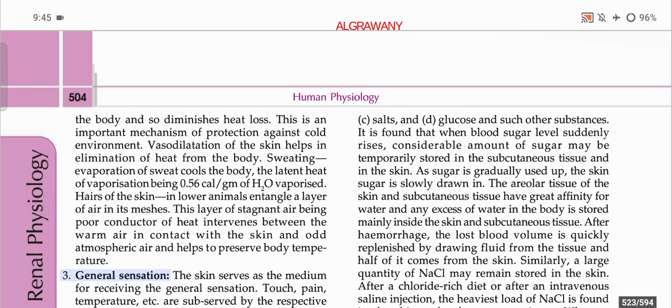Sweating, the evaporation of sweat, cools the body, the latent heat of vaporization being 0.56 calorie per gram of H2O vaporized. Hairs of the skin in lower animals entangle a layer of air in their meshes. This layer of stagnant air, being a poor conductor of heat, intervenes between the warm air in contact with the skin and the cold atmospheric air, and helps to preserve body temperature.